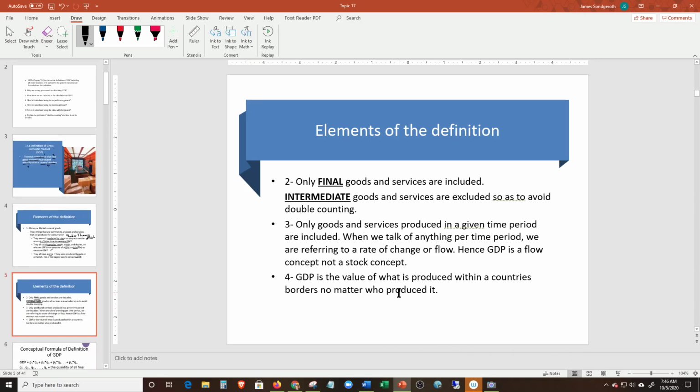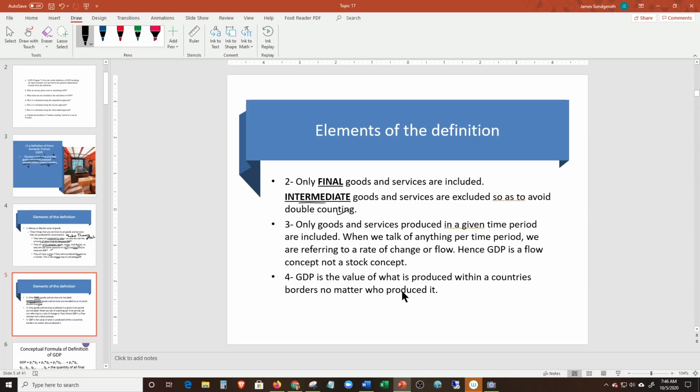So the next element are only final goods and services. So no intermediate goods or services are included. They're all excluded so as to avoid double counting. And we want to come back to this at the end of this lecture to look at a very simple example of what would happen if we included them.